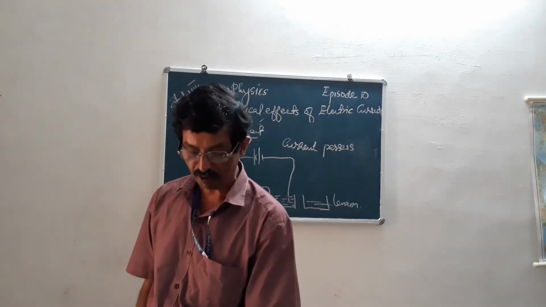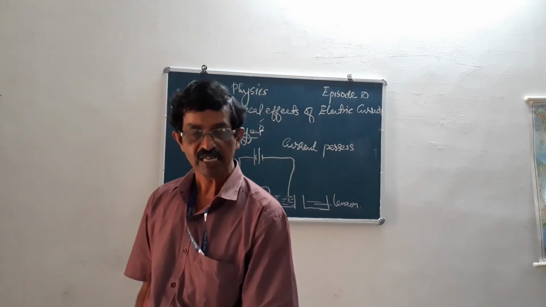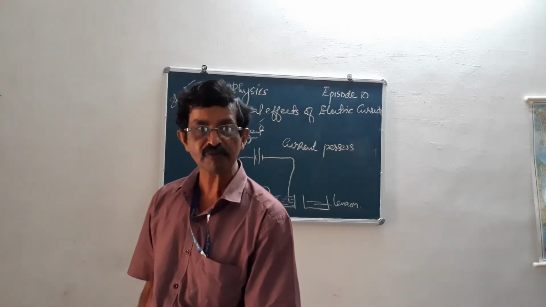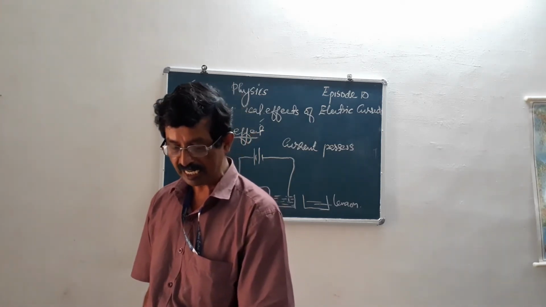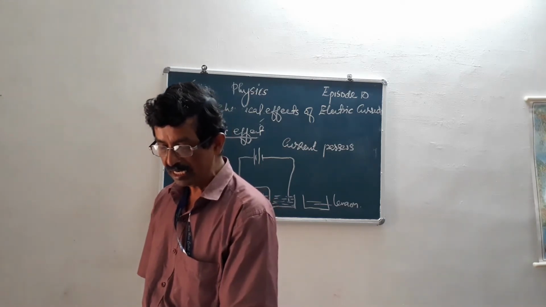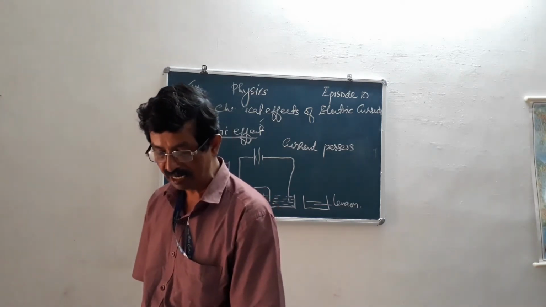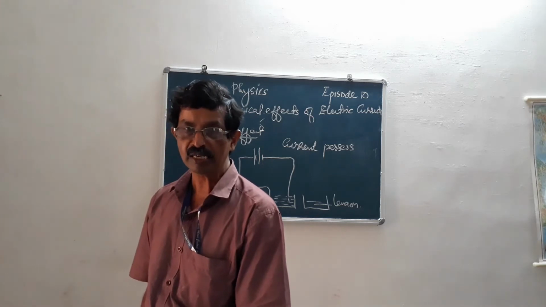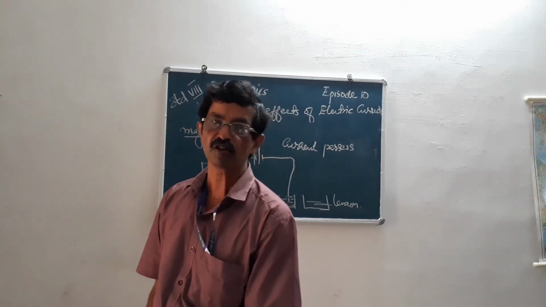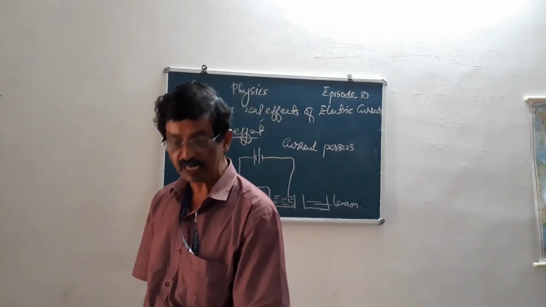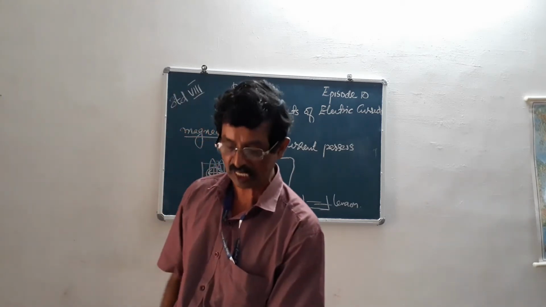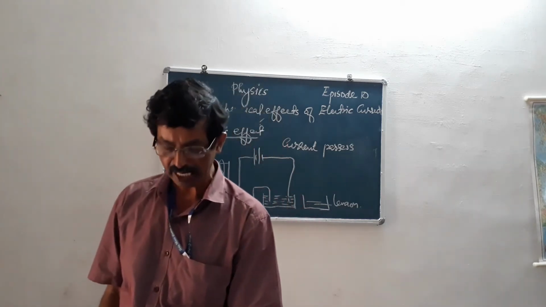The third one is tap water. When we dip the free end of the tester, there is also deflection, so it is also a good conductor. Then vegetable oil, such as coconut or sunflower oil. When we dip the free end of the tester, it does not show any deflection.